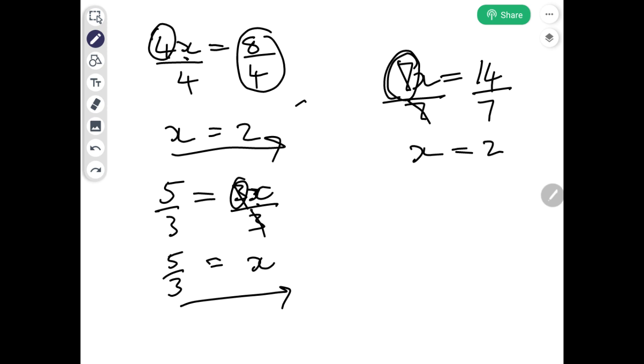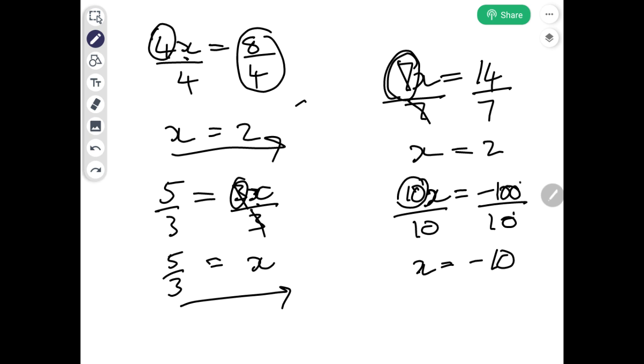And then if you maybe had 10x is equal to negative 100, okay, you choose this number once again, divide by 10, divide by 10, so that x is equal to negative 10. That's that. So this you can just put in your calculator to find out what it will give you, these values here. You see.